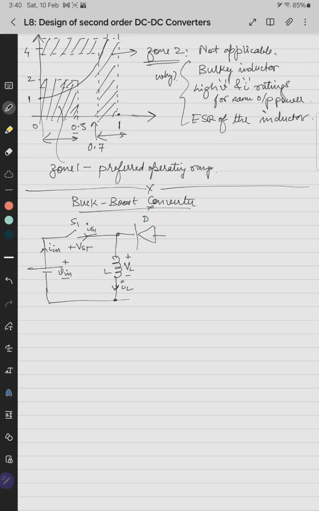This is the diode D1, this is VD1 plus minus, this is ID1. Then we have a capacitor and then a load. This is I load, this is C, this is V0, and this is IC.